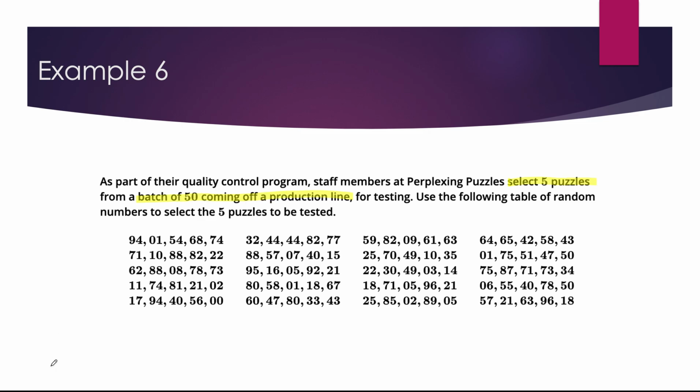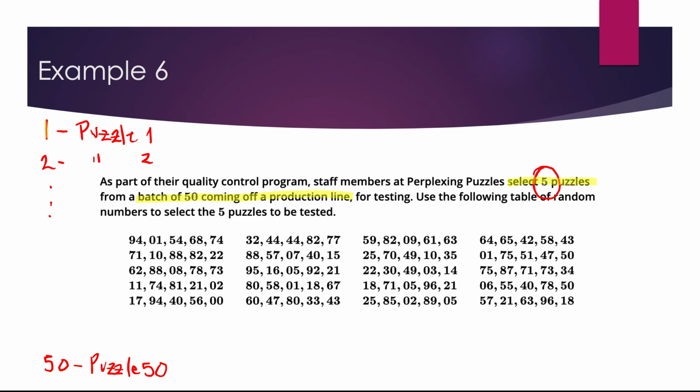So I'm going to say that number 1 is puzzle 1, and then number 2 will be puzzle 2, and so forth, until if I get number 50, that is going to be puzzle 50. And I only have to select 5 puzzles, but I have to do it randomly.